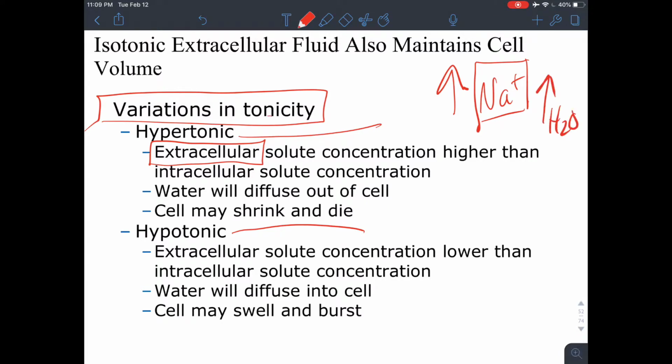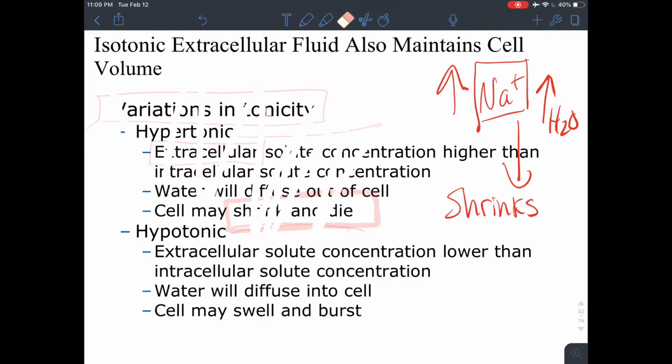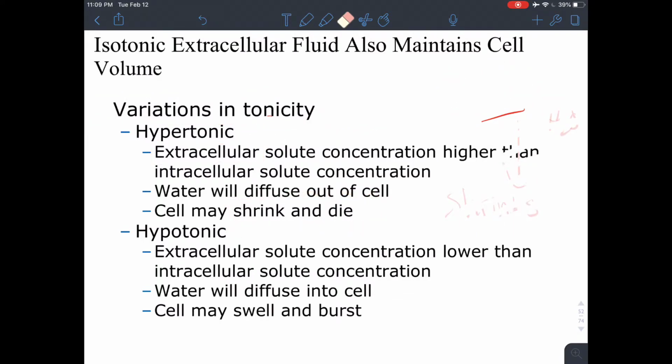Water follows, and the cell does what? It shrinks. Now, if it shrinks too much, it can't function. We're squishing the organelles and impeding proper movement and function of the cell, and you can actually shrink a cell enough that it will die, okay? That would be a major pathology.